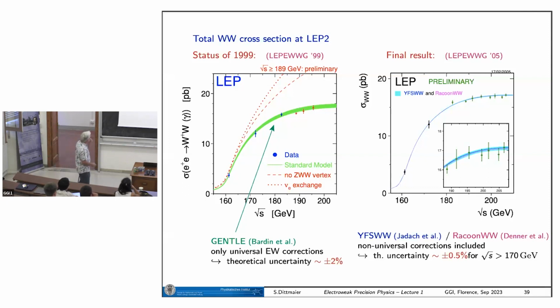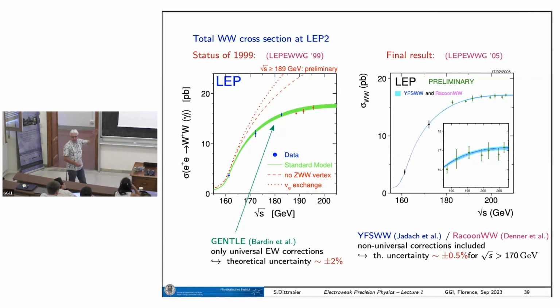For example, if you switch off the ZWW vertex, as I've said, you get a cross-section which runs crazy in terms of bad high energy behavior, and you see it already upcoming here. Let's take the dashed line here. You see the standard model cross-section follows this green band, but without this vertex in lowest order, you see already the trouble coming up here.